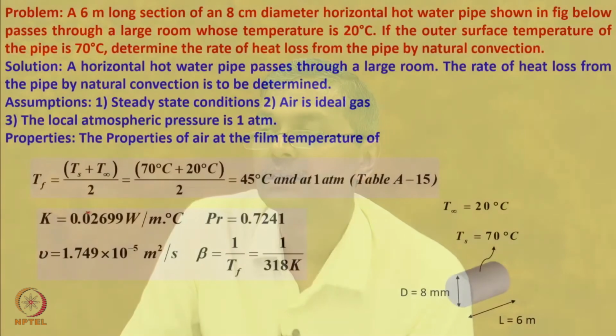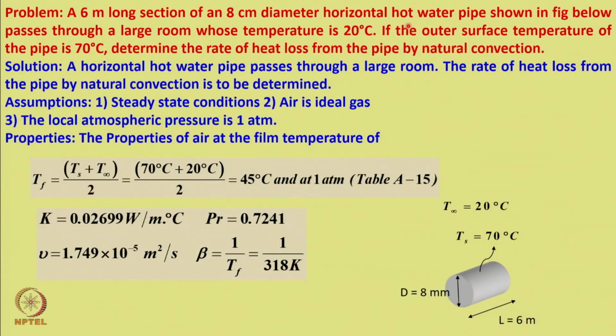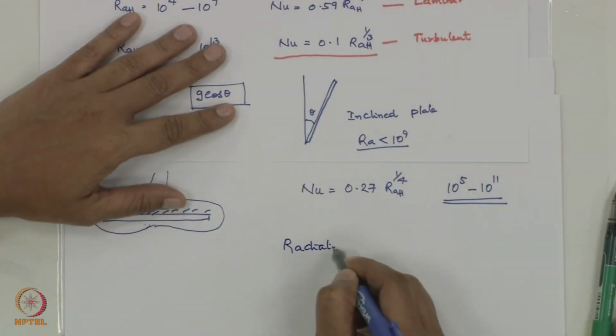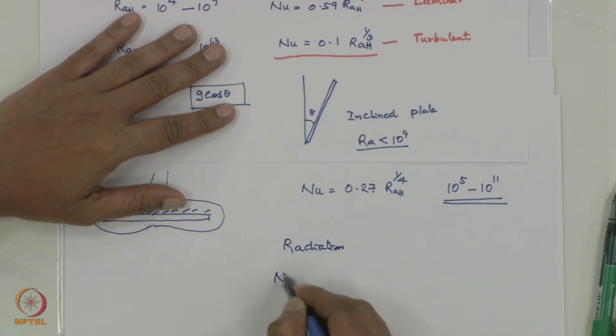So with this, in the next module, I am going to take up this problem of a horizontal cylinder water pipe and what the natural convection is. And most of the times what happens is, this problem is going to tell us that in natural convection, radiation is also as important as natural convection.